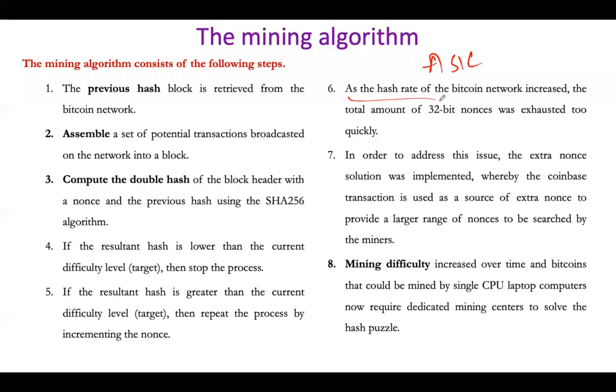This has resulted in increasing difficulty. Bitcoin network miners are now computing more than millions of hashes per second.